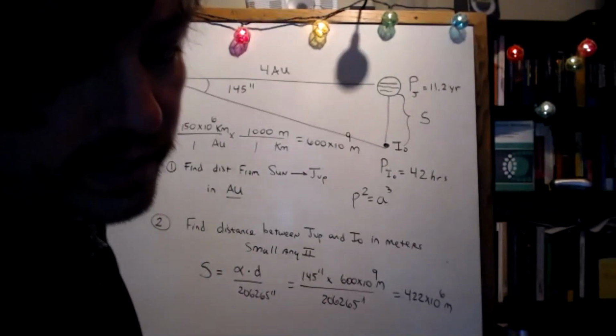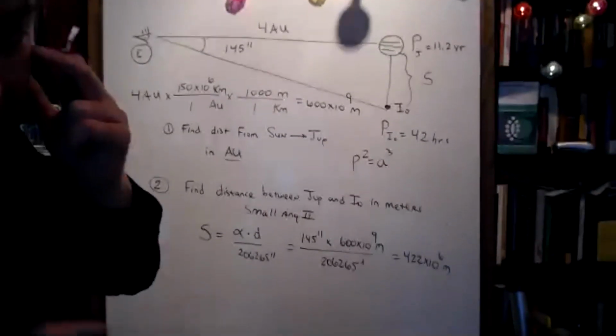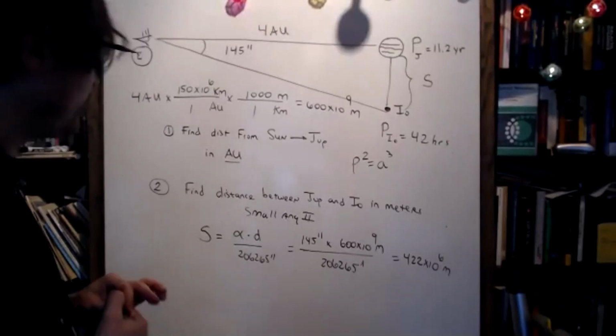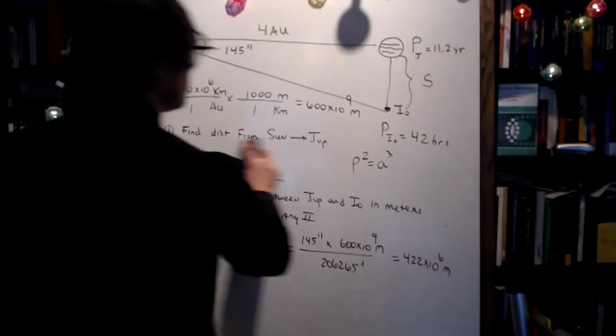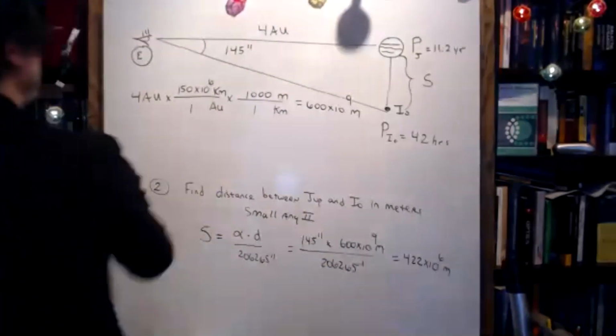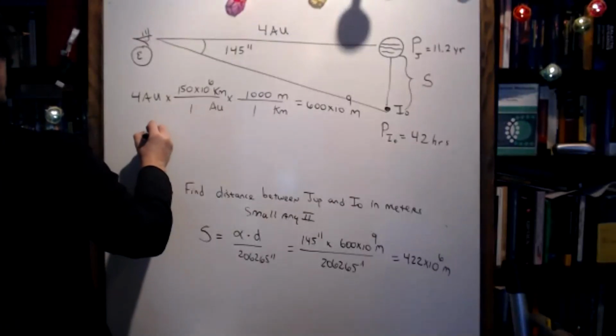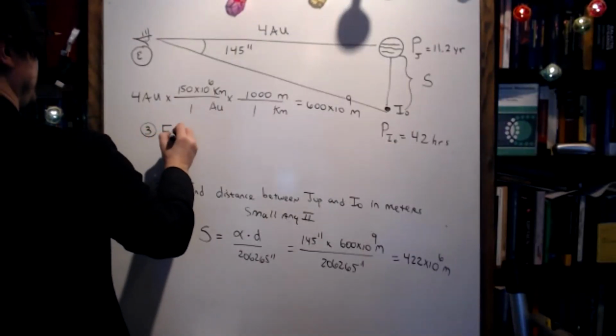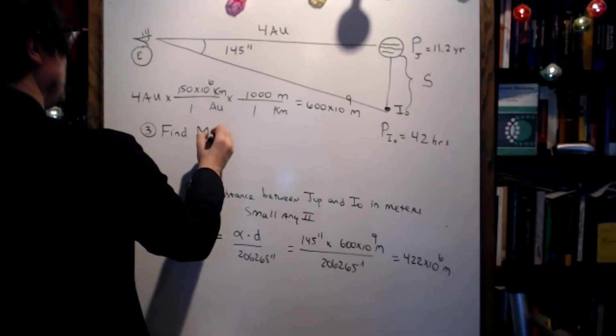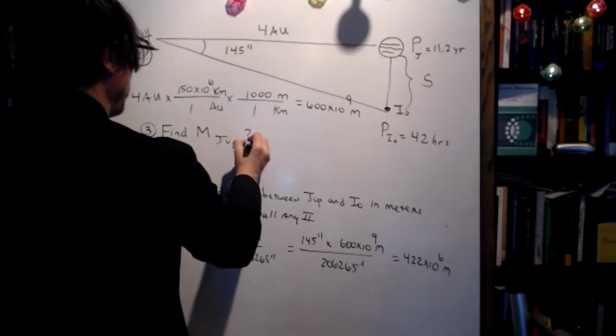Yes. Nice. Okay. Guess what formula you're going to want to use for number 3? Question number 3. This is an important tip for the exam class. Find the mass of Jupiter.